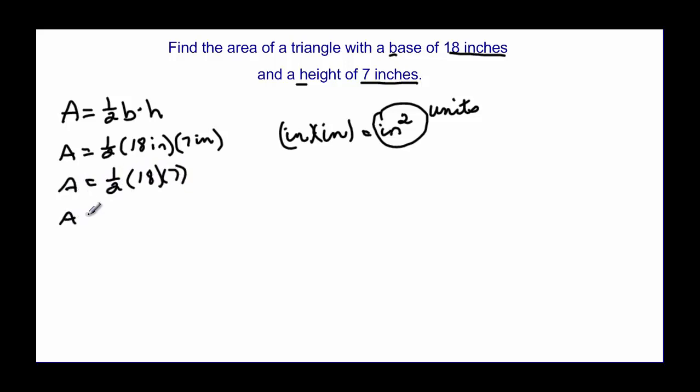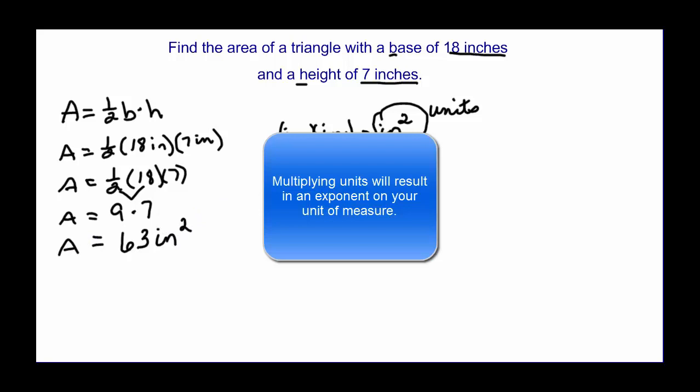So A is going to be equal to, two things at a time, 1/2 times 18 would be 9 times 7. And 9 times 7 is going to be 63. And from over here, we know that that's inches squared is the area. So when you're multiplying, your units will have an exponent on it.